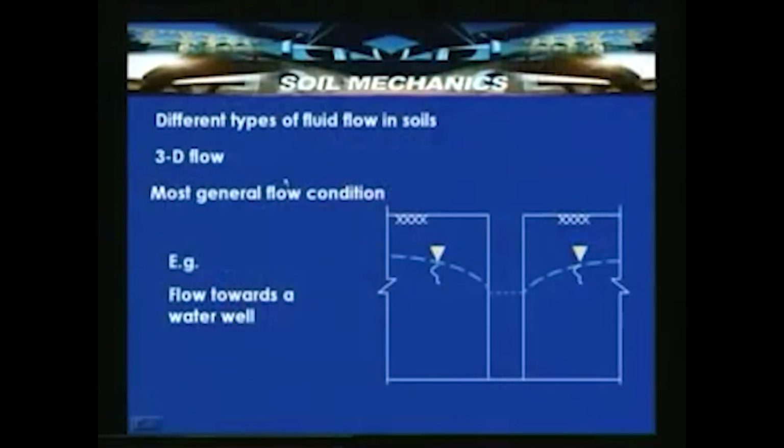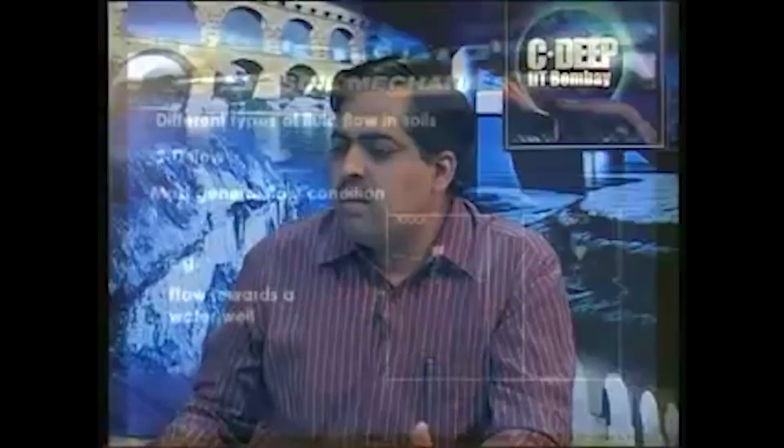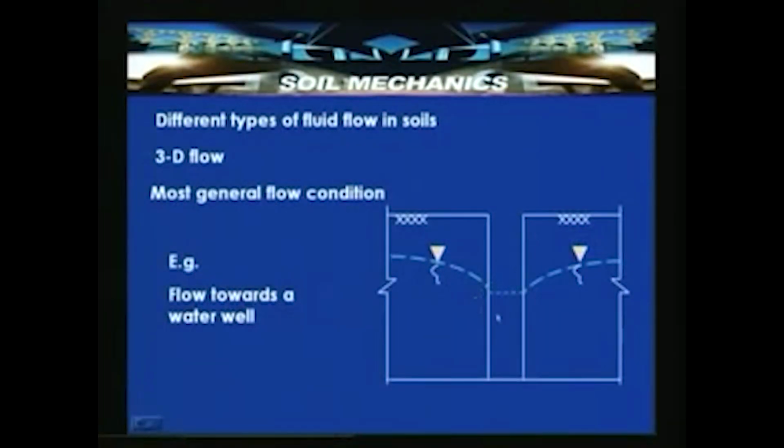So, we are discussing the different types of fluid flows in soils, and we are also trying to understand them with some salient examples. A three dimensional flow is the most general flow condition, which can be seen in the flow of water towards a water well. You can see a borehole which was driven into the ground.